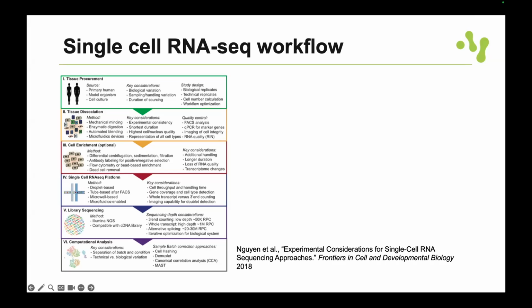A good piece of advice is to look at what has been used previously with your cell type, because the method you apply for dissociation will depend on the cell type. So it's very good to check the literature, maybe also talk to colleagues, and you can also reach out to NGI.